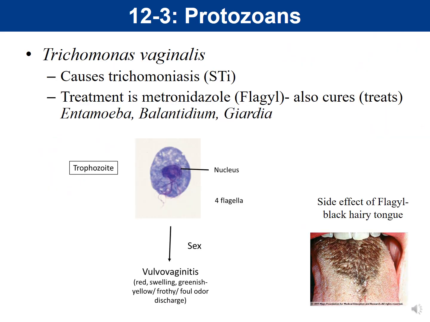So the last one that we're going to talk about is Trichomonas vaginalis. Now, Trichomonas vaginalis causes trichomoniasis. Trichomoniasis is a STI, a sexually transmitted infection.